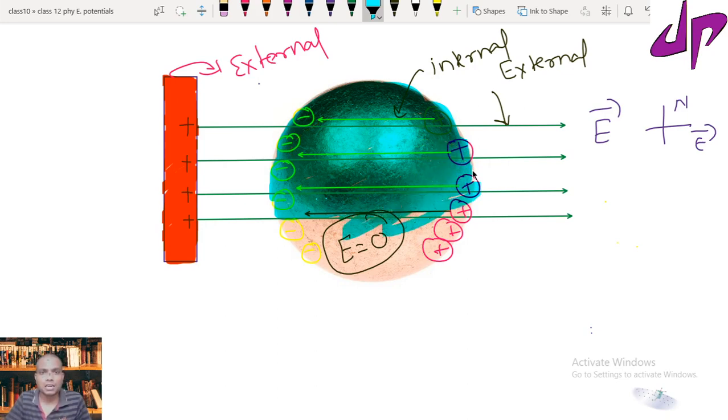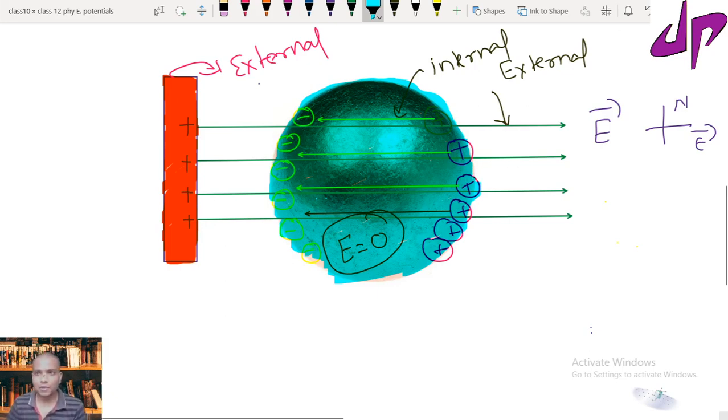This charge separation is specially termed polarization. We will discuss that in the coming concept. Right now you can see only one dimension, but we have to imagine it in 3 dimensions. So in 3 dimensions, the electric field within the conductor is equal to 0.